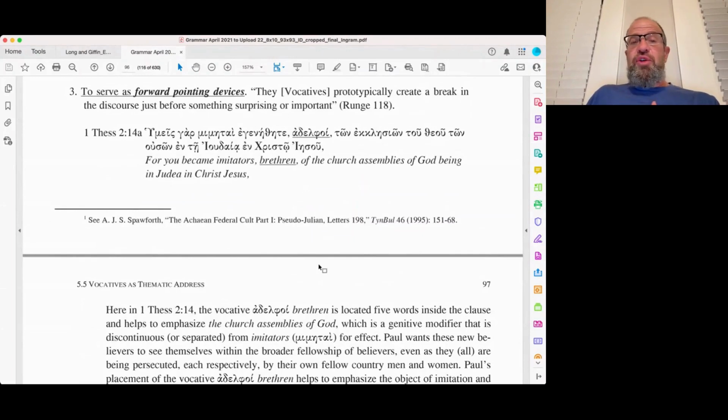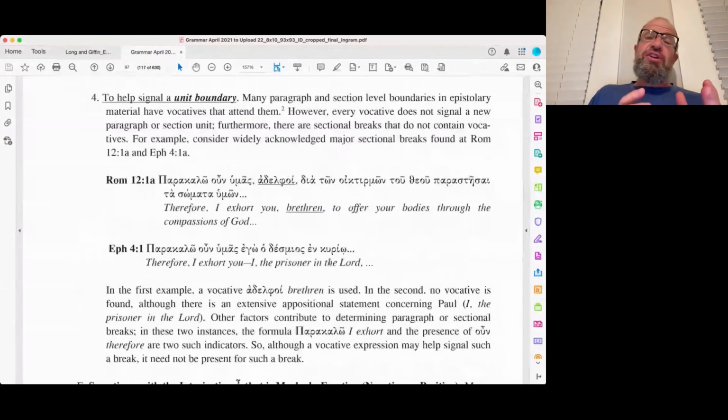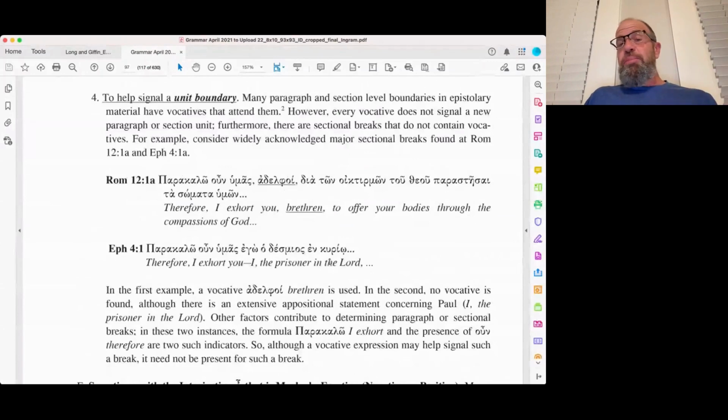Also, they can serve to indicate a unit boundary. If an author is switching gears, they might pause the discourse and call out the addressees in a way to help signal a discourse boundary.